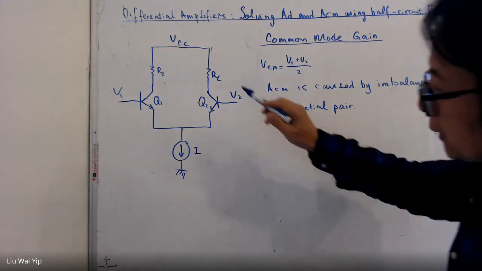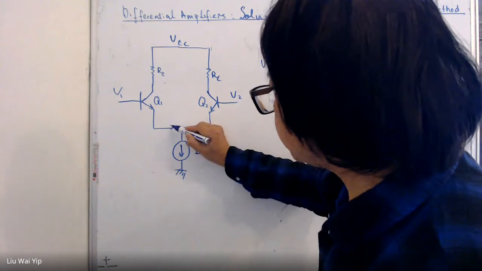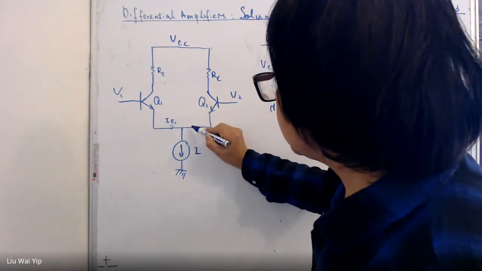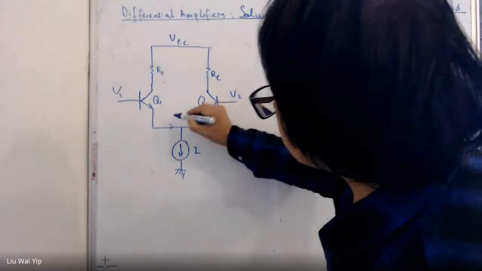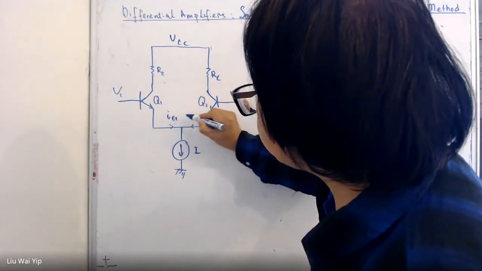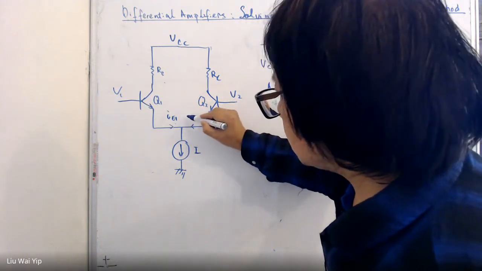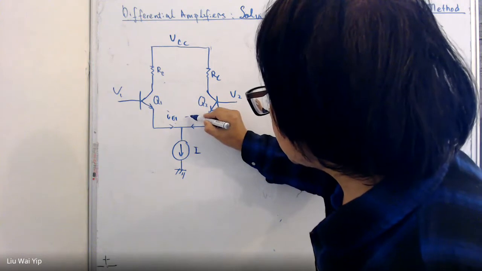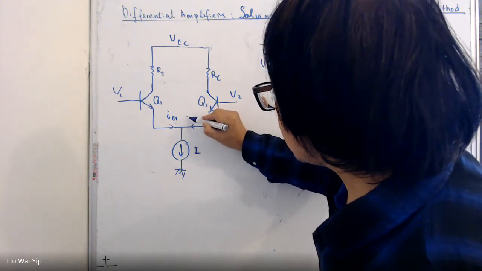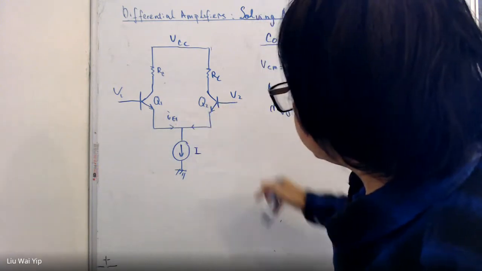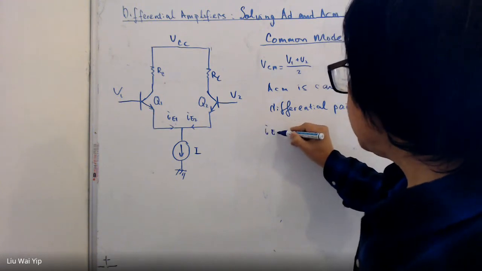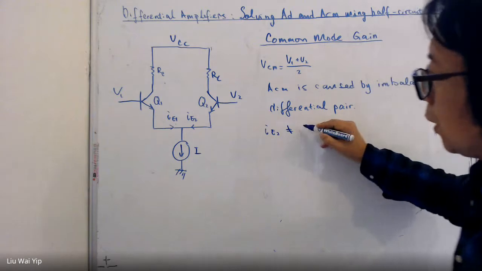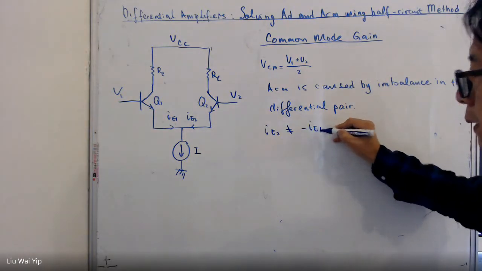No matter what, this imbalance causes IE1 and, sorry, because of this imbalance, we end up with IE1 being not equal to IE2 in terms of magnitude. IE2 is not equal to minus IE1.